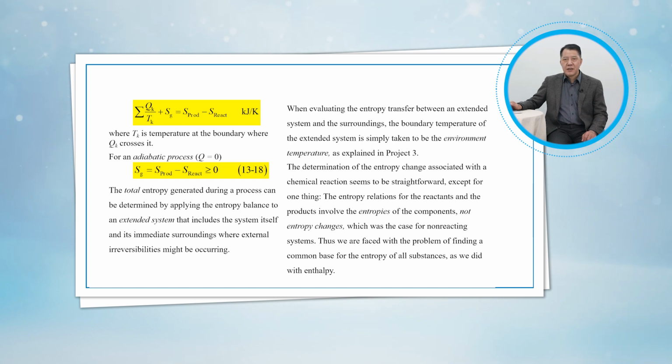The determination of the entropy change associated with a chemical reaction is straightforward, except for one thing: the entropy relations for the reactants and the products involve the entropies of the components, not entropy changes, which was the case for non-reacting systems.